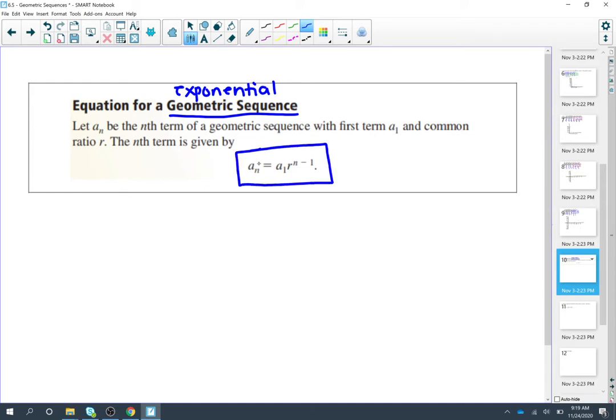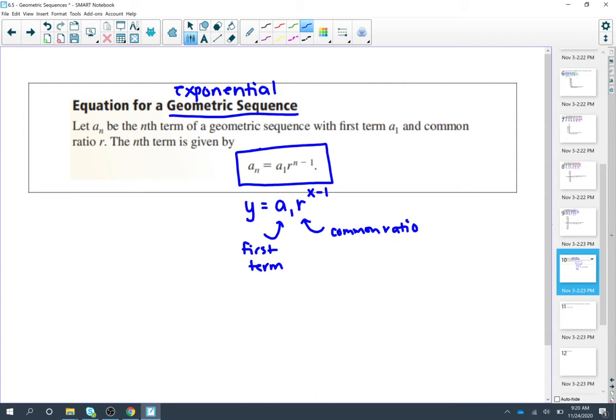Now, keep in mind that a sub n is really just like saying y, a sub 1, and then r is your common ratio, and then to the power of x minus 1. So really the n is just a variable for x, the a sub n is a variable for y, and then a sub 1 is the first term, and r is the common ratio.